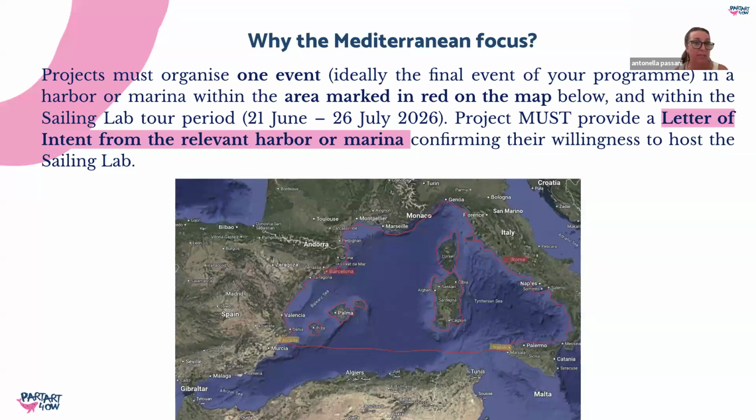It can be multiple countries, a consortium based in multiple countries that implements the project in multiple countries. Yes, absolutely. The important thing is that you pick one of the events of your project between the 21st of June and the 26th of July in a harbor that is in the area. But definitely you can have a consortium that goes around Europe.